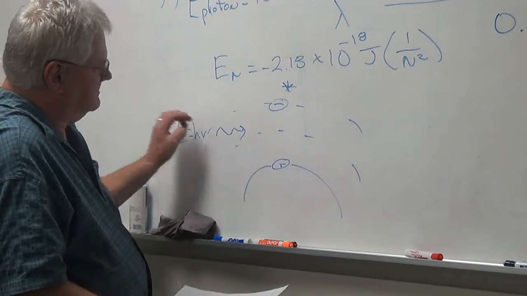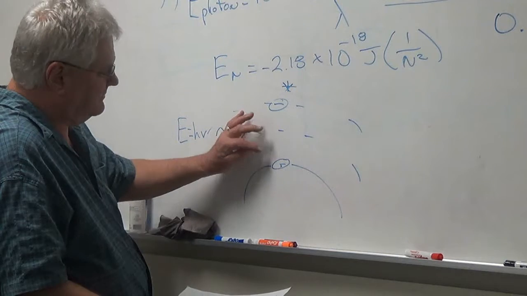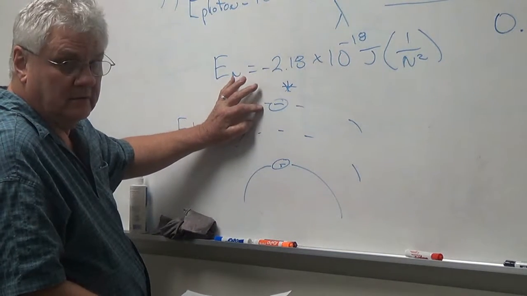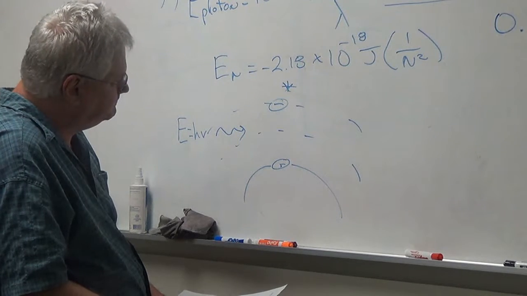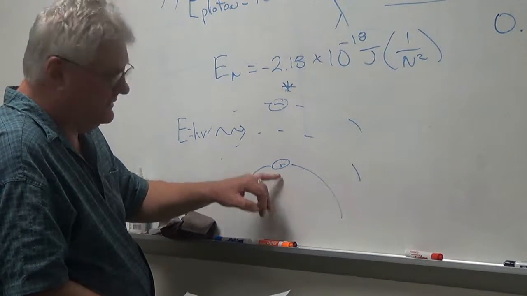So if an electron's absorbing electromagnetic radiation and going to a higher level, that's one type of problem. It started here and it ended up here.